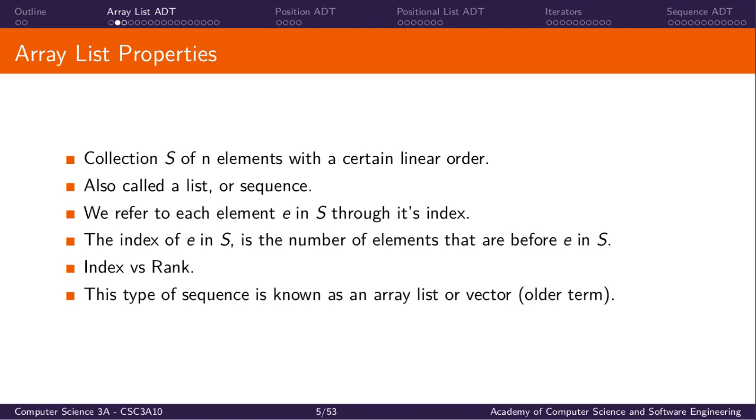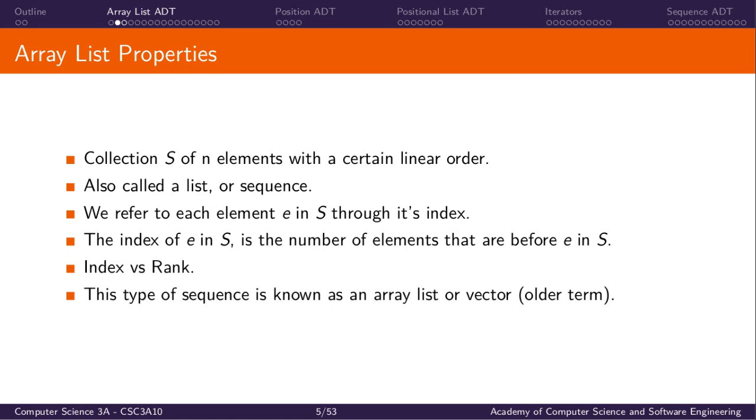Some texts will use the term rank. However, we don't use that because that is actually ambiguous. Rank can refer to the rank of an element, which is usually what would the index of the element be if we had a sorted list. But even how that rank is derived for repetitions is different depending on different texts, and it can also be used to refer to simply the dimensions of an array. So a single dimensional array would have rank 1, a 2D array, so an array of arrays, would have rank 2.